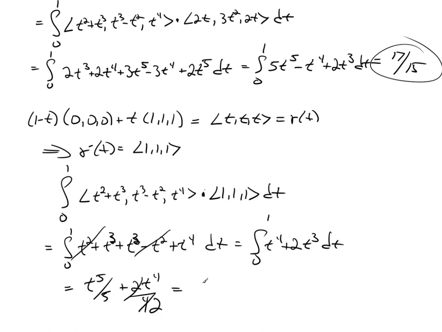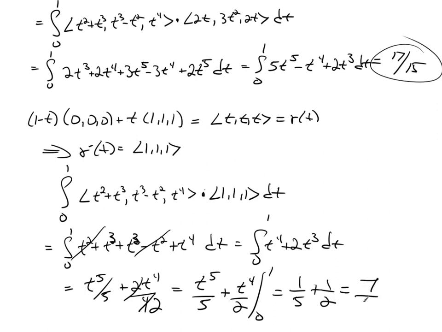I'm sorry, that cancels to be 2. So I will rewrite that as t to the fifth over 5 plus t to the fourth over 2, evaluated from 0 to 1, which is a fifth plus a half, which is 7/10.